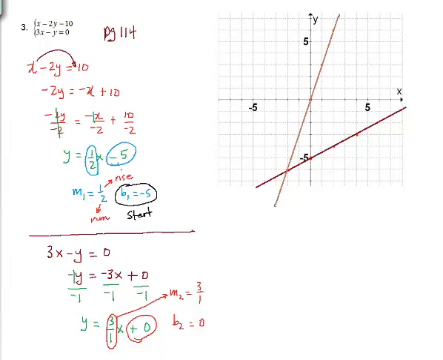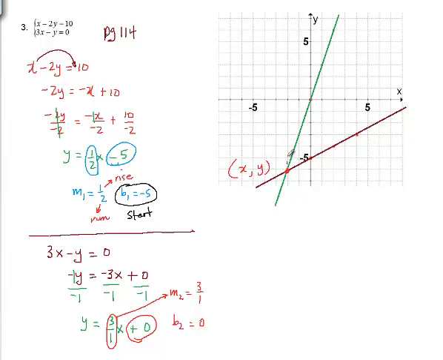Now the point where they intersect is of course the solution to the system, and that's what we're interested in. Now let's look at that point. Okay, so that point right now looks to be right there. Now we have to read that from the graph. So we want the x coordinate and the y coordinate, right?